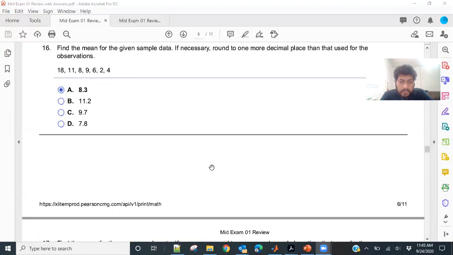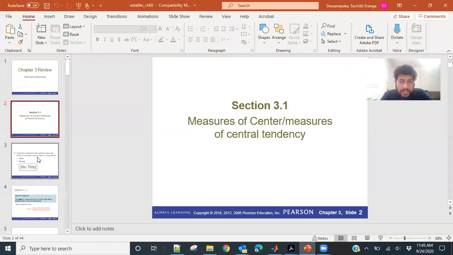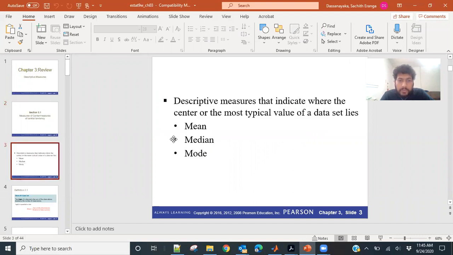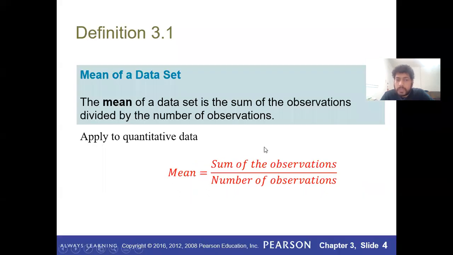I'll move to chapter 3 and explain how you can find the mean. From the mean, median, and mode, you will have questions. This is how we find the mean of a data set: summation of the observations divided by the number of observations.